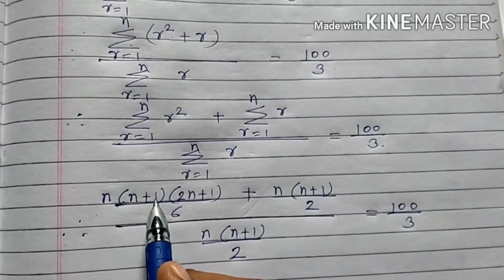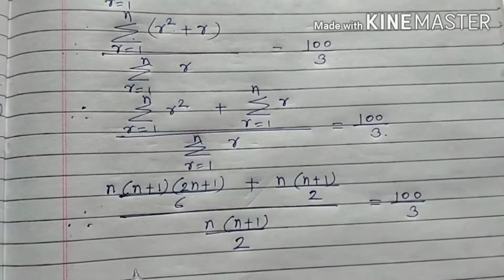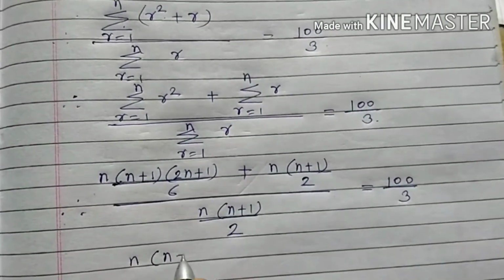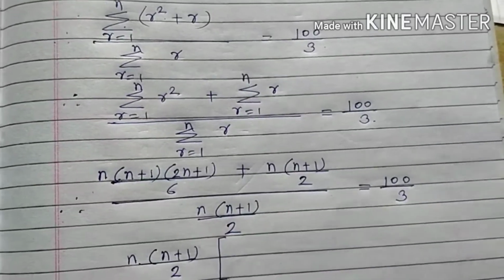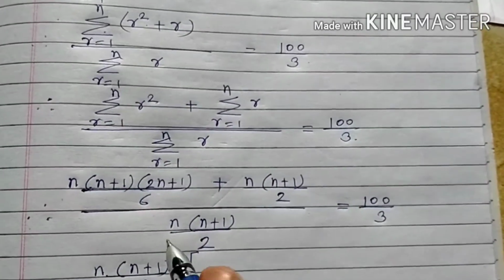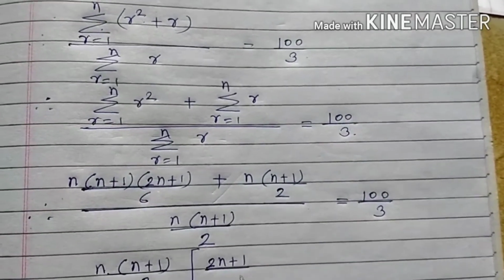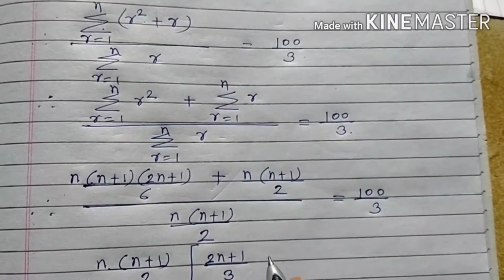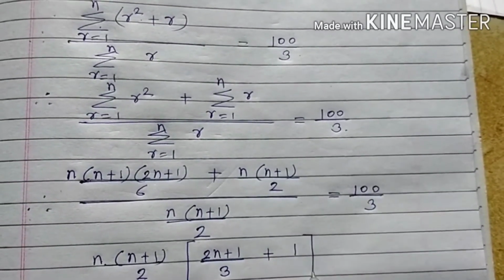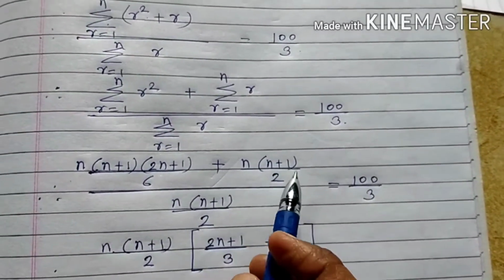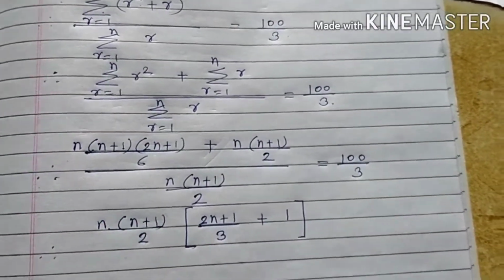Now take n(n+1)/2 common. So here we get n(n+1)/2 where it is common. Then remaining only (2n+1)/3 plus 1, because 2 is common, so 2 threes are, and here n(n+1) taken common.